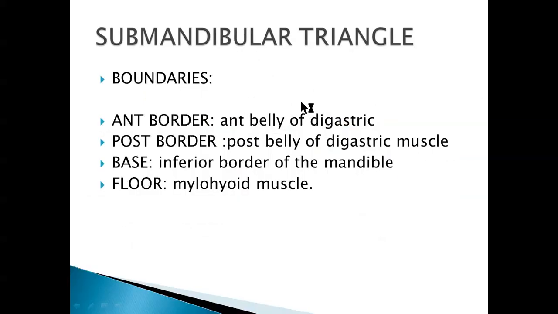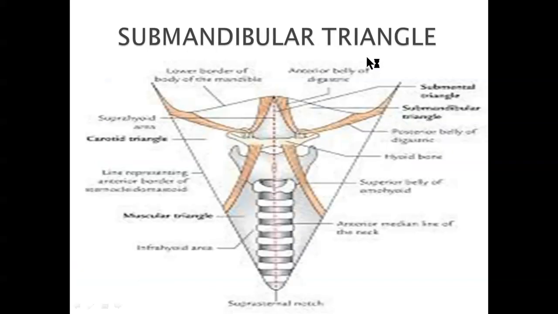The inferior border of the mandible forms the superior boundary, and the mylohyoid muscle will be the floor.